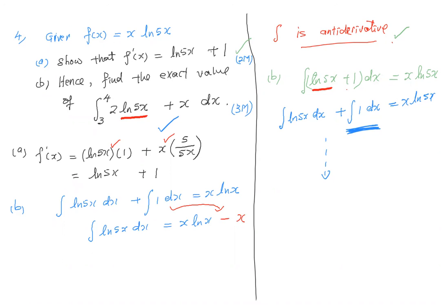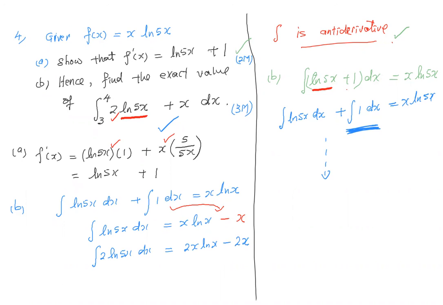But if you look at the question, they need 2. There are 2 here. So I'm going to times this whole equation by 2. So I will say the integral of 2 ln x dx will be 2x ln x minus 2x.